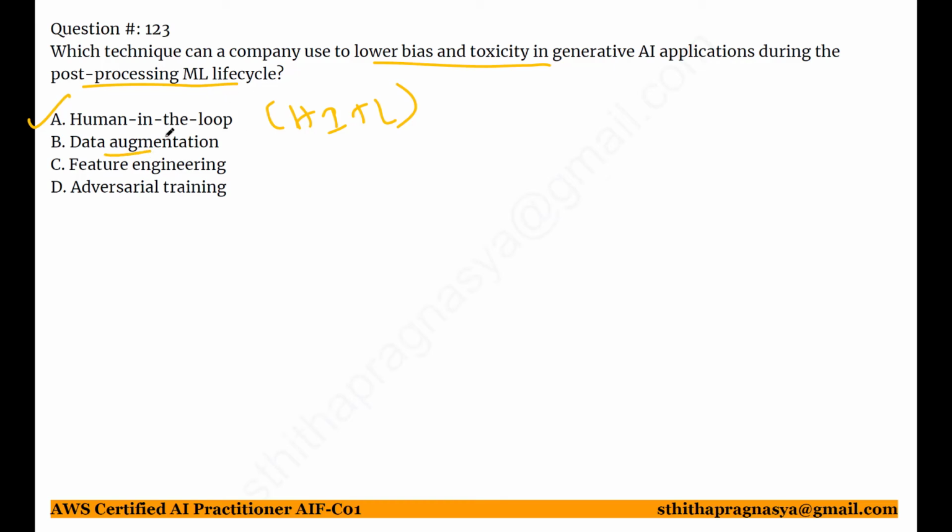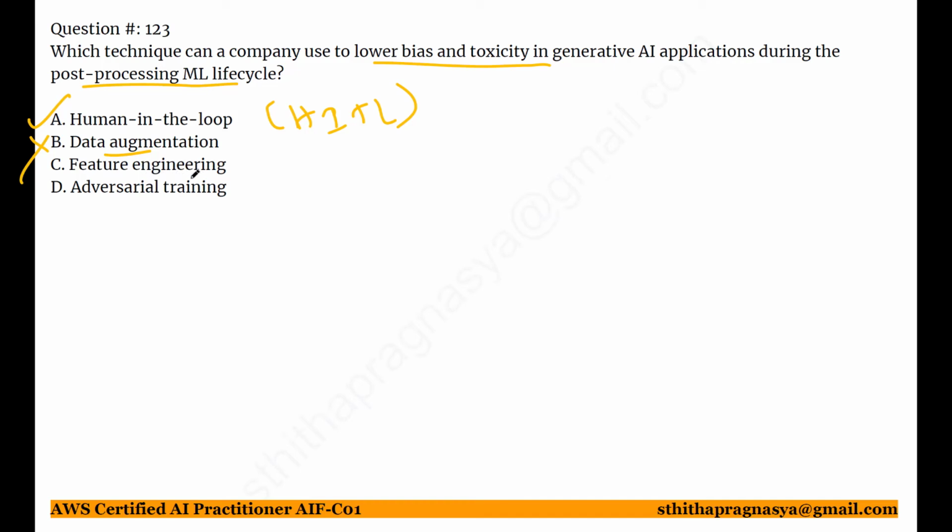What about data augmentation? This is a pre-processing technique that increases dataset diversity by creating modified versions of the existing data. While it helps address bias during training, it is not a post-processing technique. And feature engineering involves creating or modifying input features to improve model training.